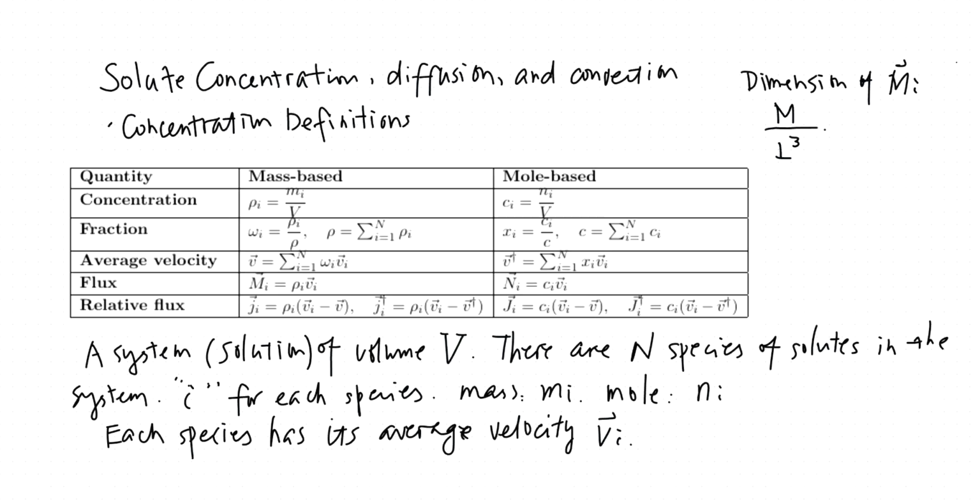Velocity is length per unit of time. So you get the dimension of Mi. You get mass per unit length squared per unit of time.